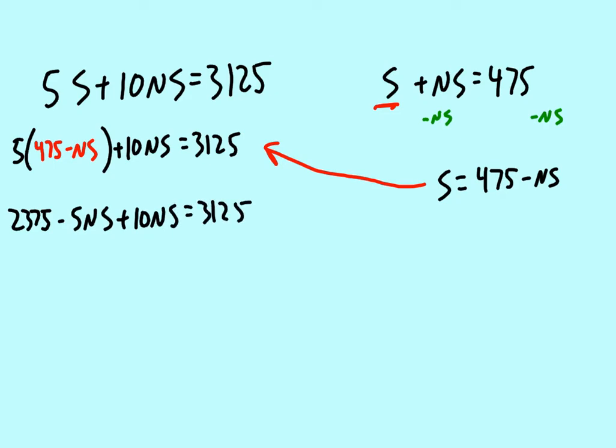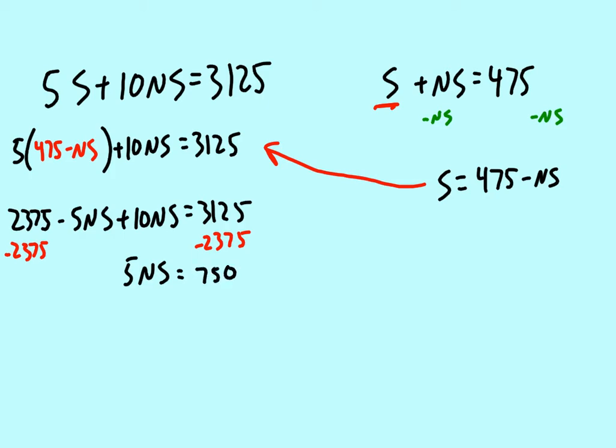I have a 10ns minus a 5ns. That's just going to be a 5ns. And I'm going to have to take this off of both sides. And that should leave me with 750.